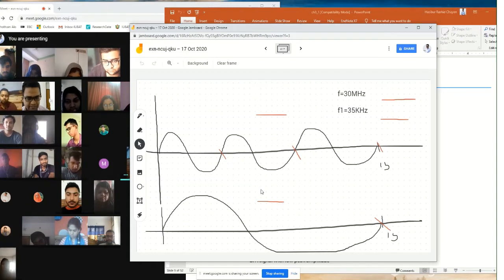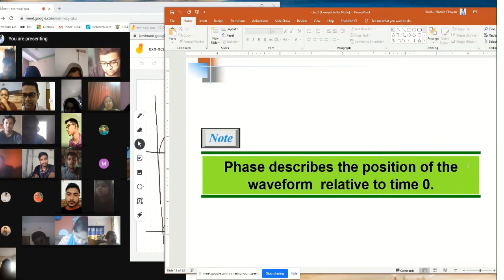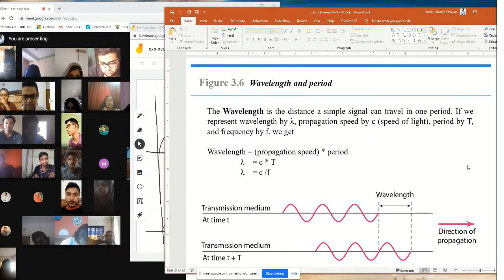Exactly. If the frequency is lower, your wavelength is bigger. If your frequency is higher, your wavelength is smaller. That's why, look at the equation of lambda, we have divided by f.